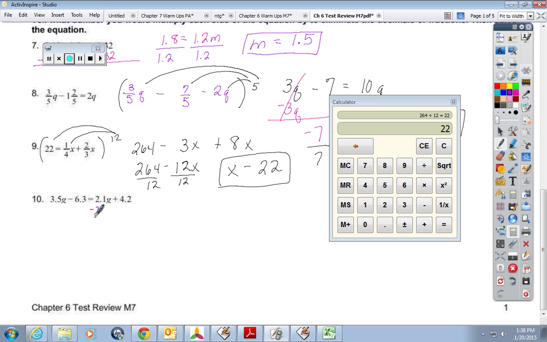G from each side. When I do that, I would get 1.4 G minus 6.3 equals 4.2. From here, I would add 6.3 to each side.